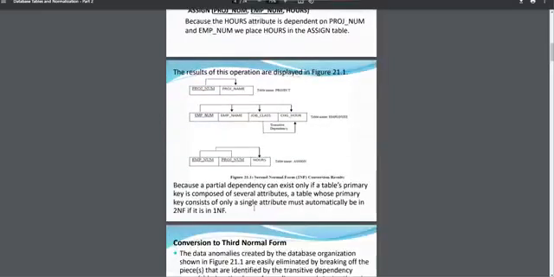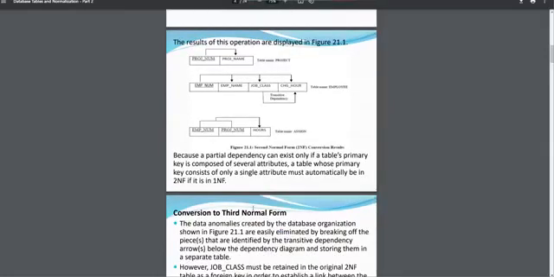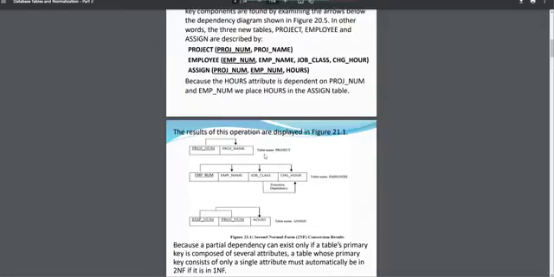After that, look at this one. For the partial dependencies, how can we convert? If we can convert the previous table into these kinds of tables, right? So look at this project table here.